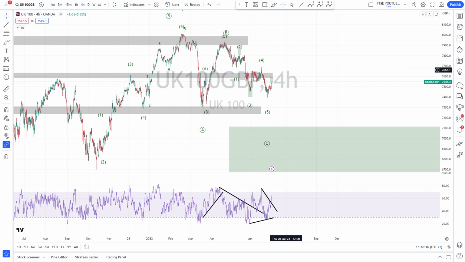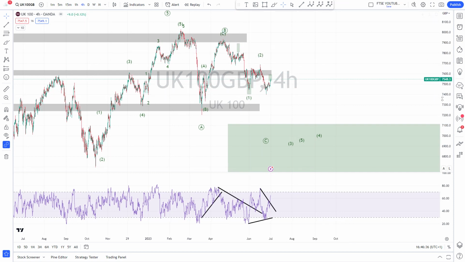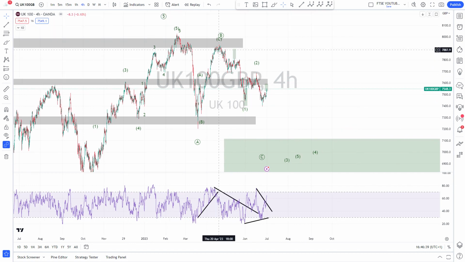However, maybe I should change my lower level count to be in line with my higher level count. It might be better to change my count actually like this, so that this was wave 1 here down in 5 waves, 1, 2, 3, 4, 5, or wave 5 is the shortest, so this is possible.